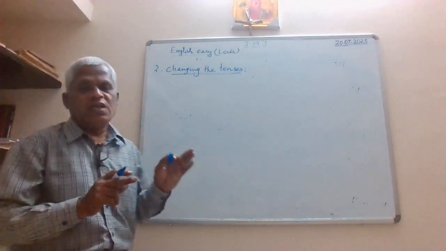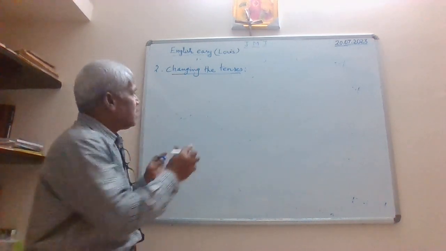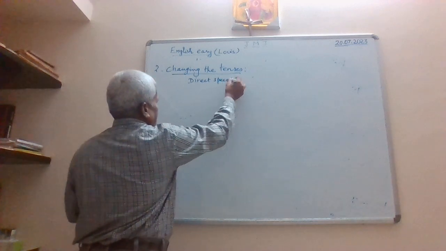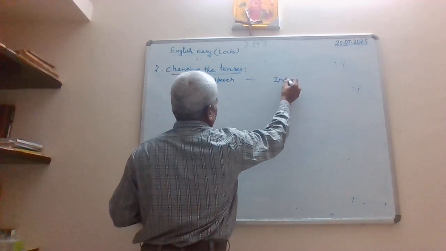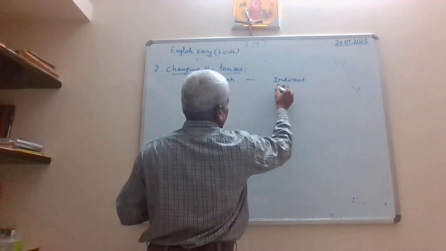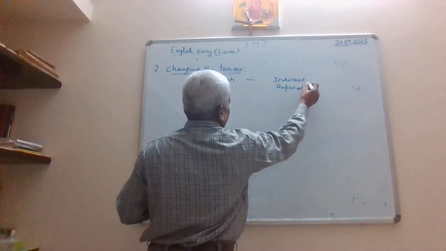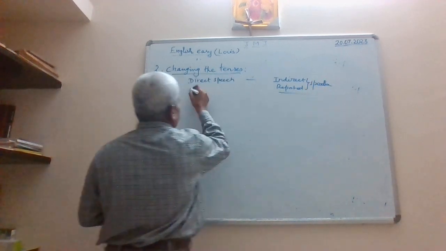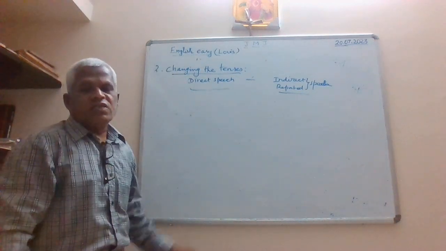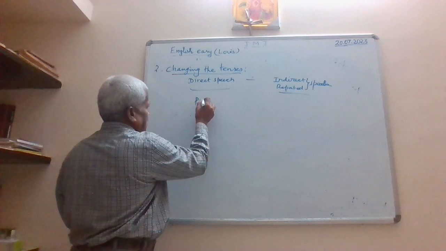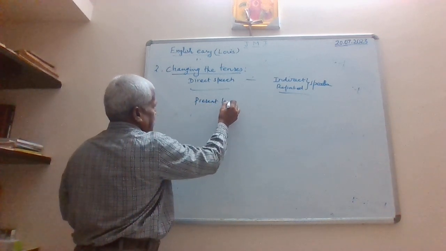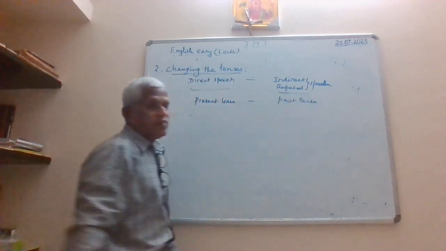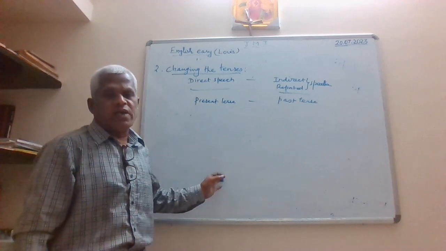See, for example, if your sentence is in present tense, in direct speech, or you can say here, this is an indirect speech or reported speech, that must be changed into past tense.